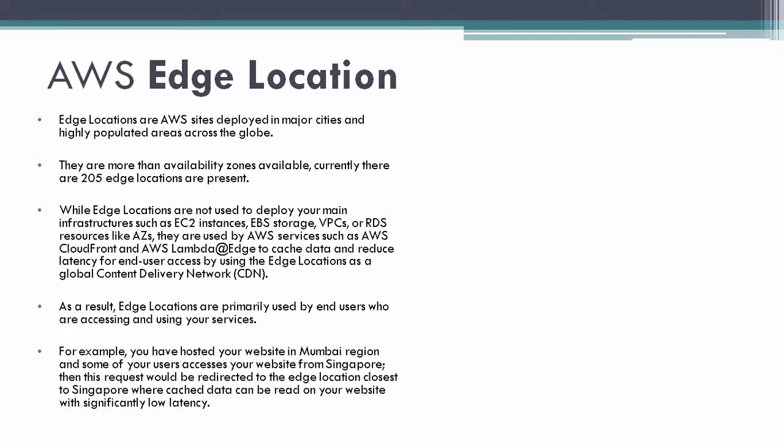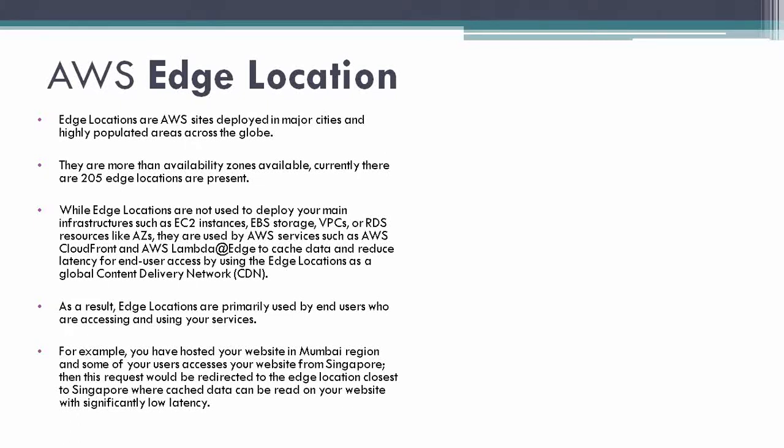For example, you have hosted your website in the Mumbai region and some of your users access your website from Singapore. Then this request would be redirected to the edge location closest to Singapore, where cached data can be read from your website with significantly low latency.